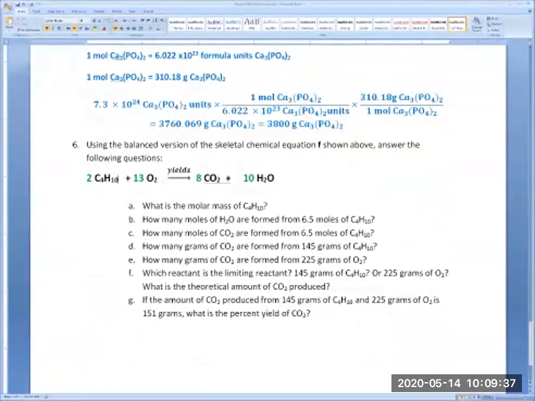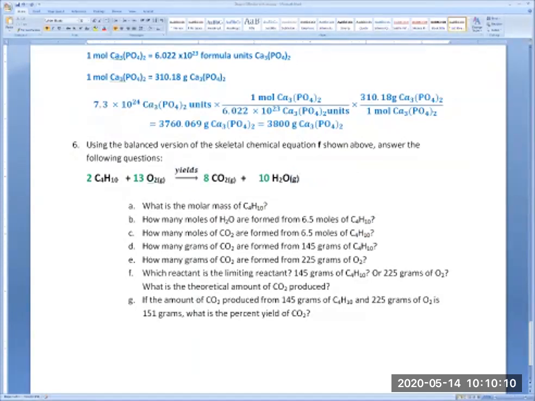I don't know the physical state of this one, but let me add that this oxygen is a gas in the air that we breathe, and whenever you are burning something, it's reacting with oxygen in the air and making carbon dioxide and water. If what you are burning is made of carbon and hydrogen, you will automatically have carbon dioxide and water as the products.